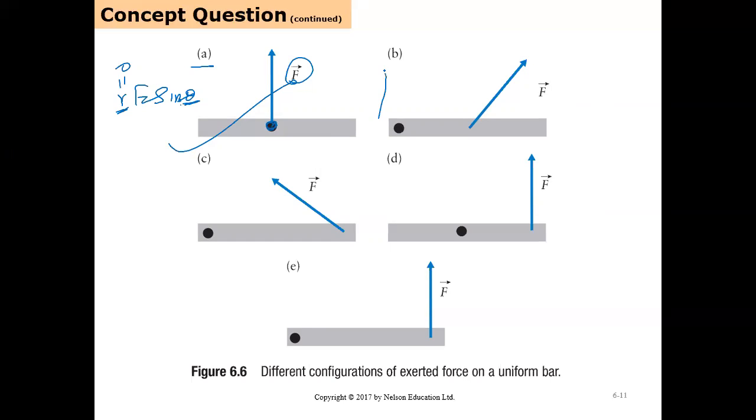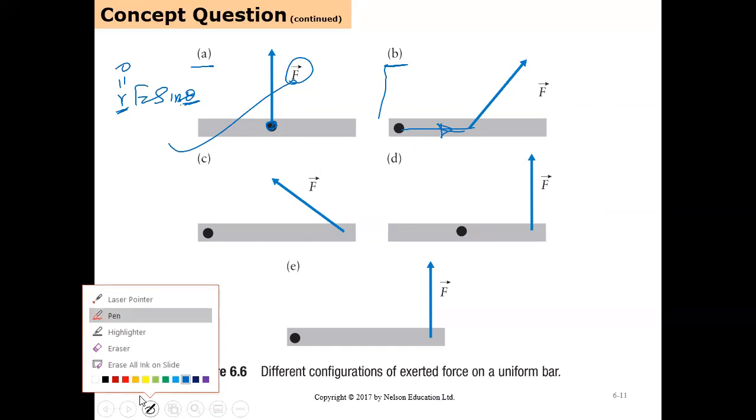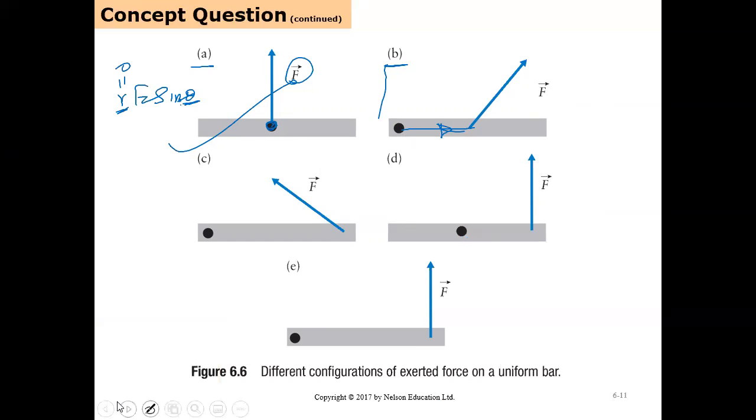Now let's look at B. R is this. And we know the torque will come only from the perpendicular component of the force. So let me draw the perpendicular component. This red is the perpendicular component, which will contribute to the torque.